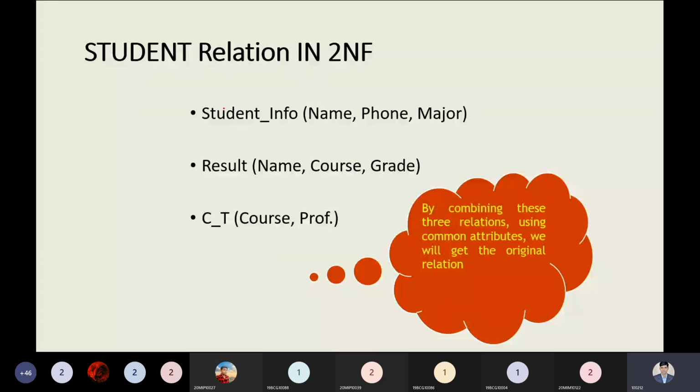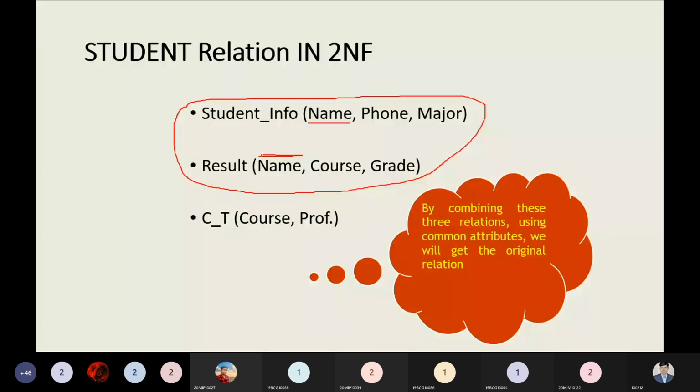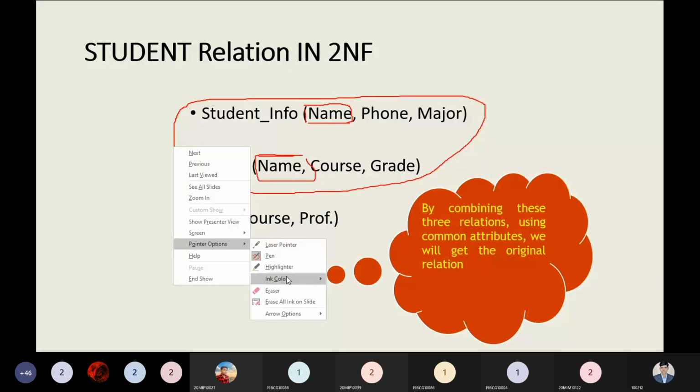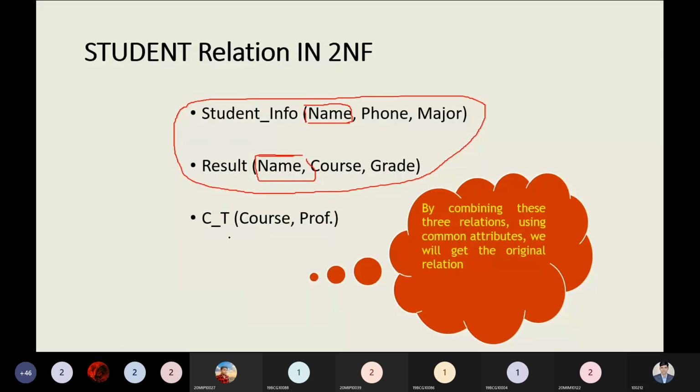First, we will combine these two relations. In this case, we have the common attribute. We can say the name. Name is a common attribute. And if we're talking about combining these two relations, you can combine these two relations.